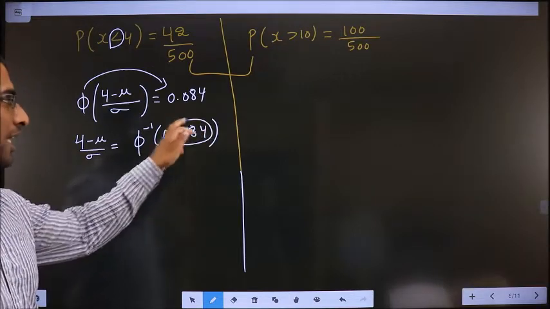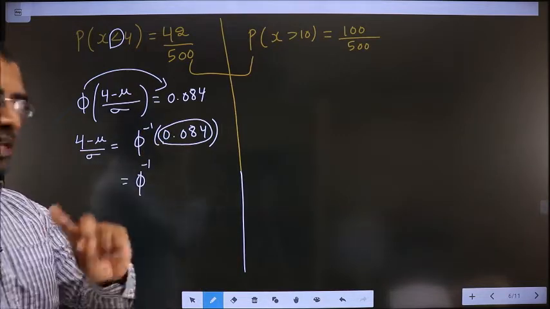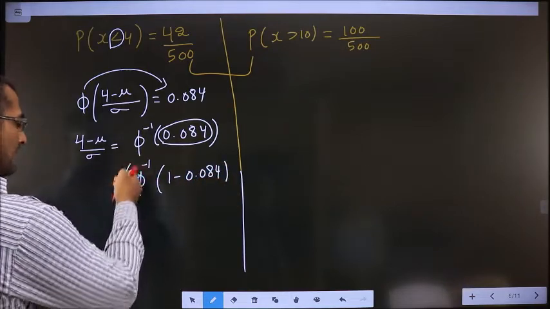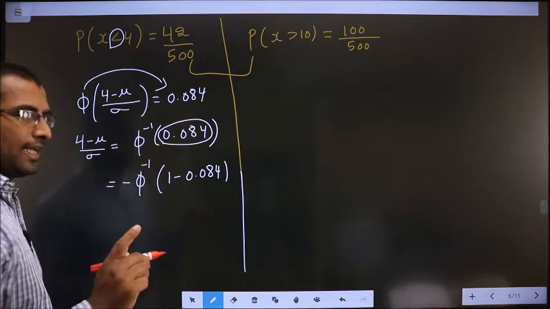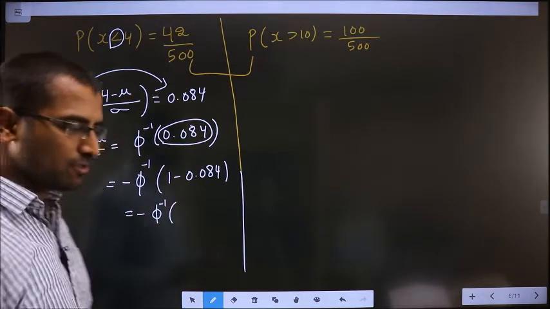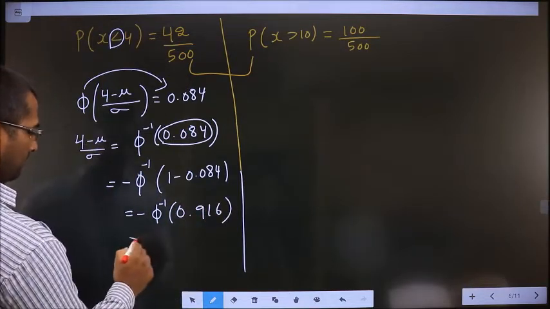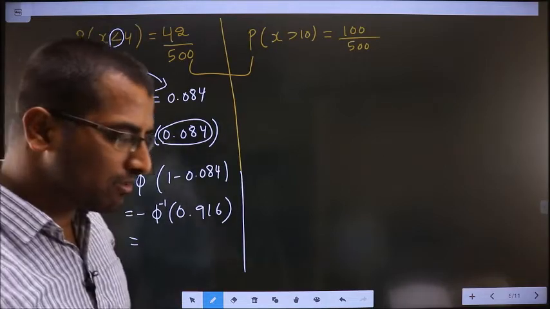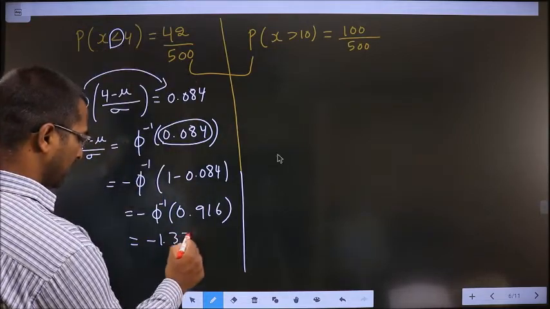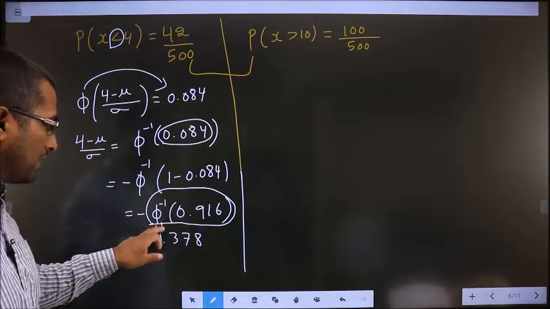So this value does not exist. In order for me to make this greater than 0.5, what I should do is, I should do 1 minus. So 1 minus of 0.084. Whenever inside I am doing 1 minus, outside I should put a negative sign. It's a rule. So that is minus of phi inverse 1 minus 0.084 is 0.916. So minus phi inverse of 0.916 is 1.378. From the normal distribution table, I got this value to be 1.378.